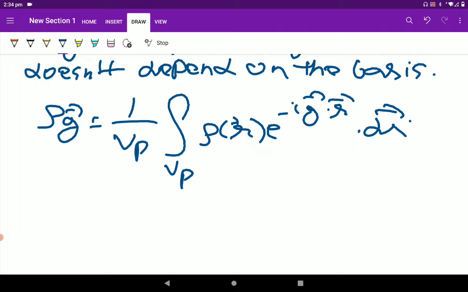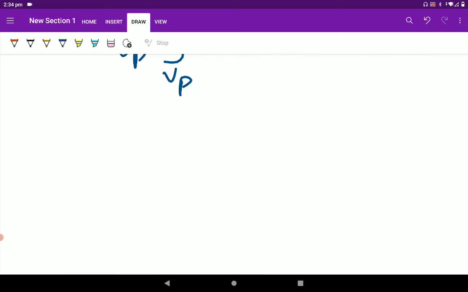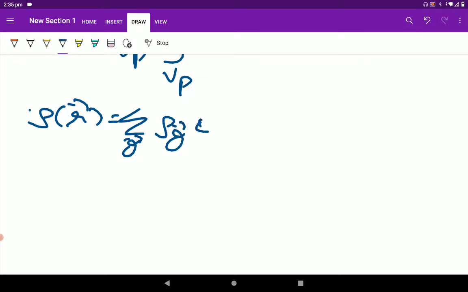Now let's demonstrate that rho of r equal to this expression is periodic. We have to prove this.